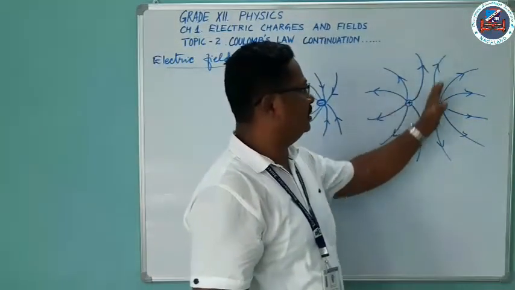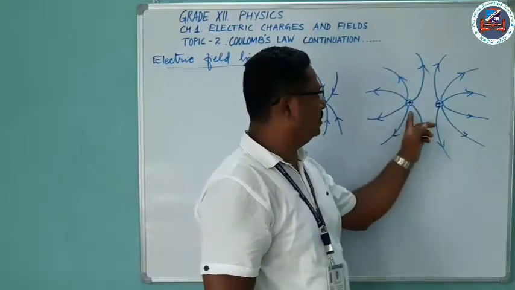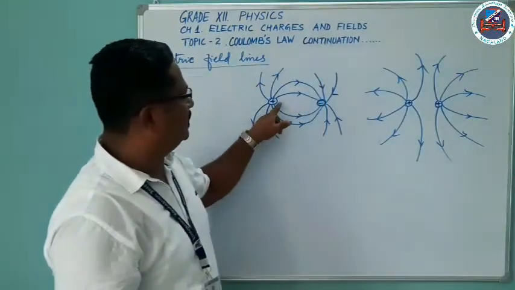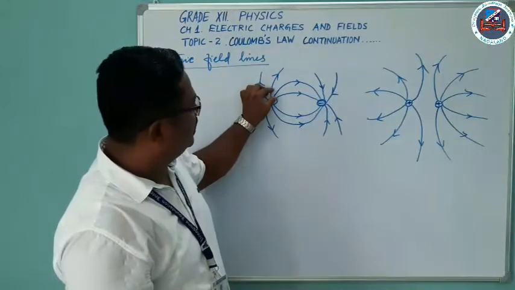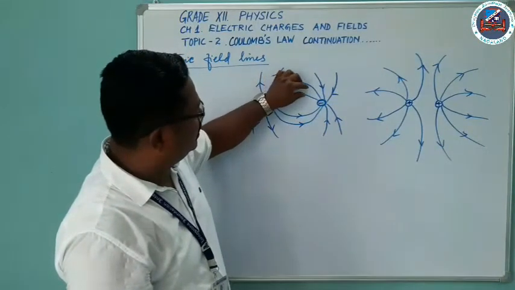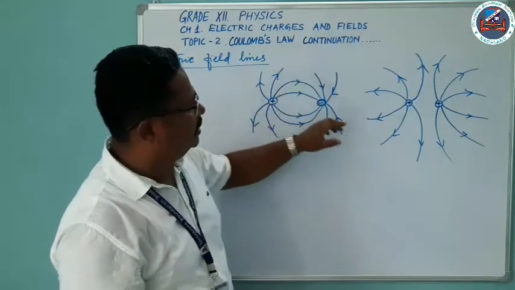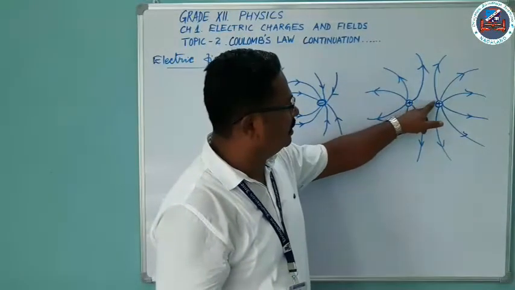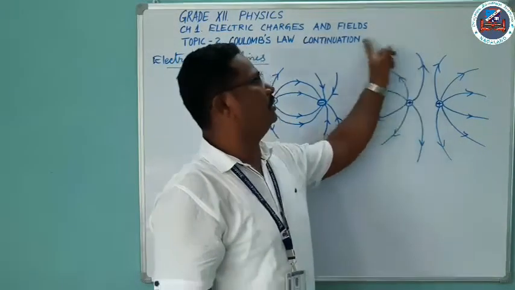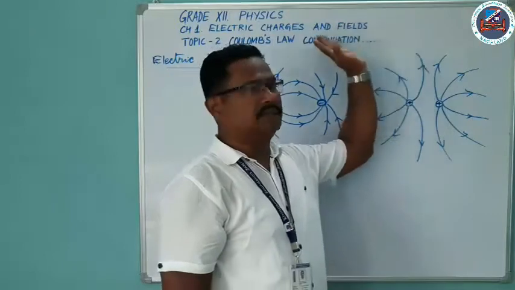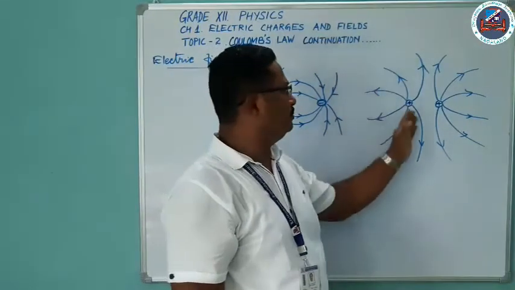A high pressure region will be produced between the two charges. In the dipole, as they attract each other, the lines come closer and closer. But here, as they go from one end to the other, they diverge and go to the other side.